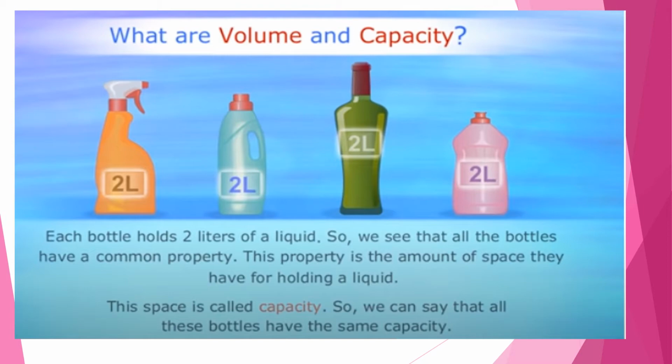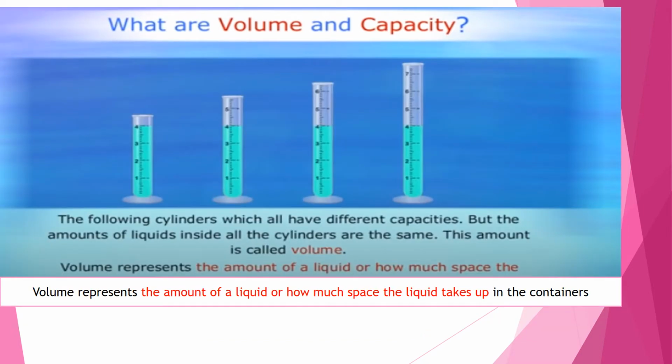Okay, so the following cylinders all have different capacities, but the amount of liquid inside all the cylinders is the same. Have you noticed that the cylinders have different capacities, but the amount of liquid they hold is the same?